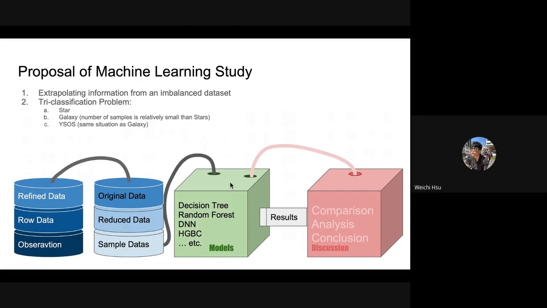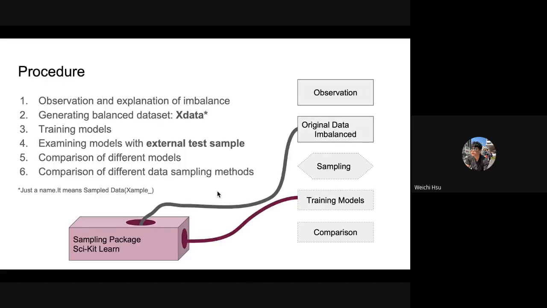We have to pick the best model to train our data, and it will give us some results. We compare the results from the different models, then change some strategy for dealing with the data, and then train the machine again. This slide shows the detail of the data preparation, and almost all of it uses the scikit-learn sampling package to deal with the data.